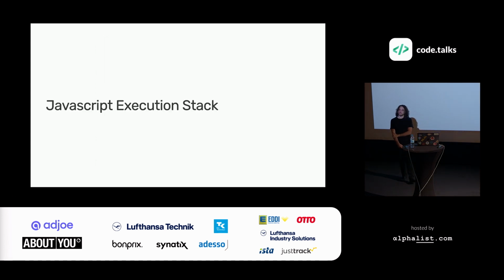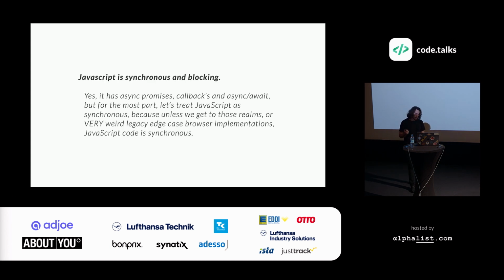Second, the second thing in our tool belt is the JavaScript execution stack, or the JavaScript call stack. And the simple truth about JavaScript is that even though we have async functions and the event loop and everything, JavaScript is synchronous and blocking in the sense that in between two lines of JavaScript code, nothing else can run.